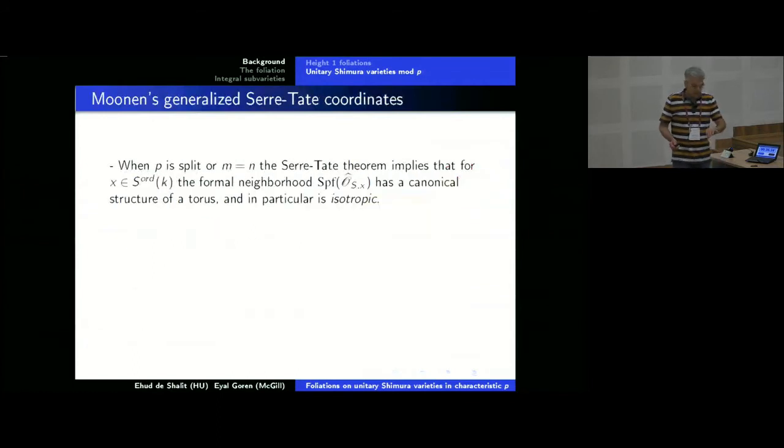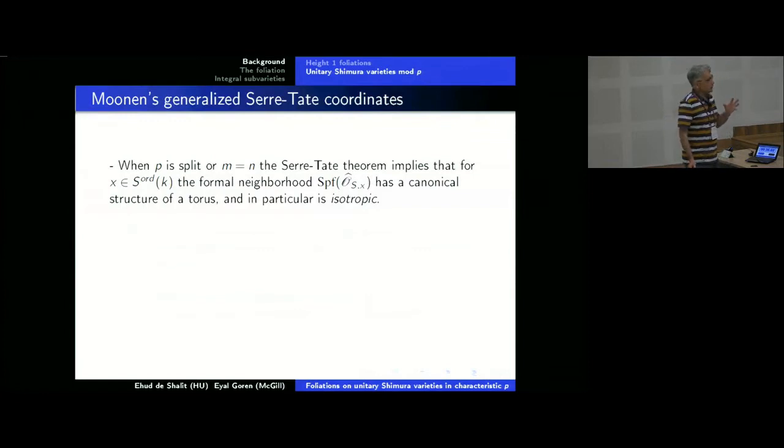Now, before Moonen: when p is split or m equals n, then, as we have seen in the first talk, the Serre-Tate theorem implies that at an ordinary point, in this case the mu-ordinary locus, the formal neighborhood of a point has a canonical structure of a torus.